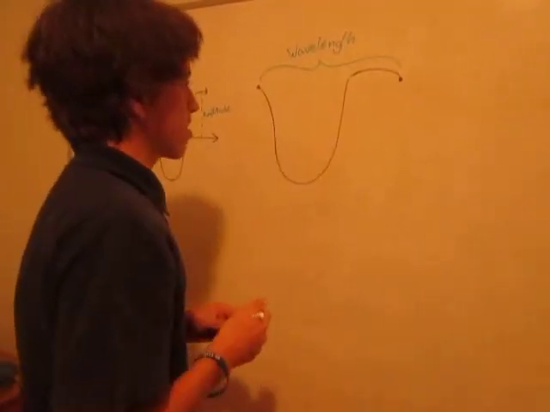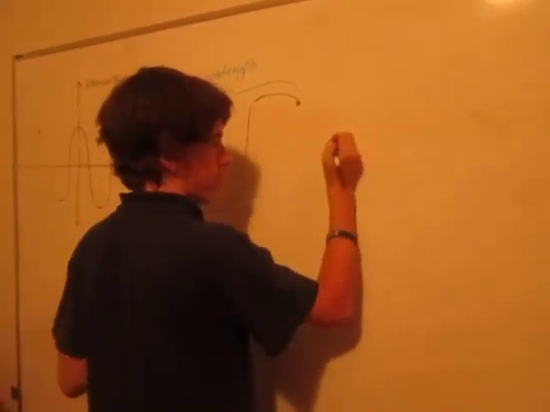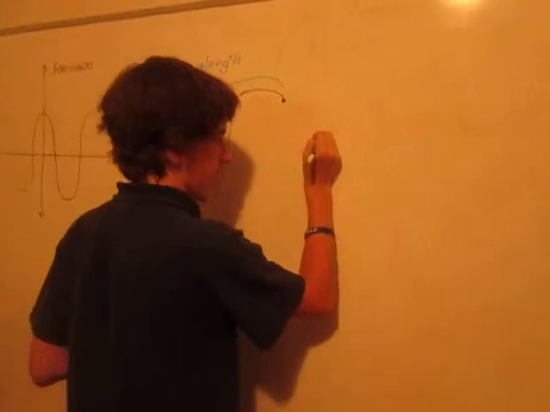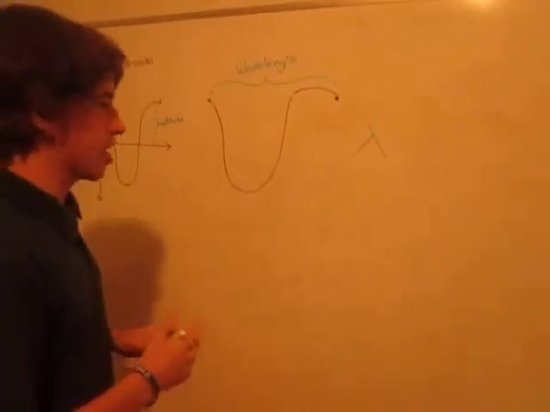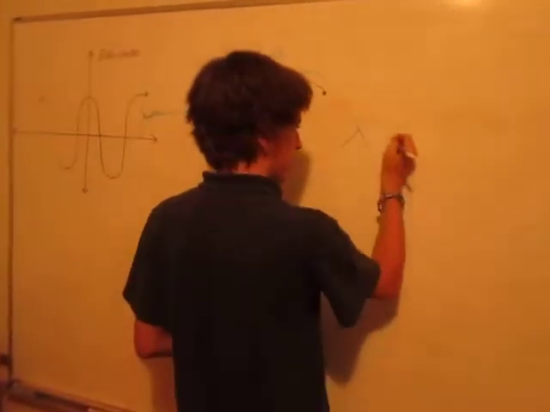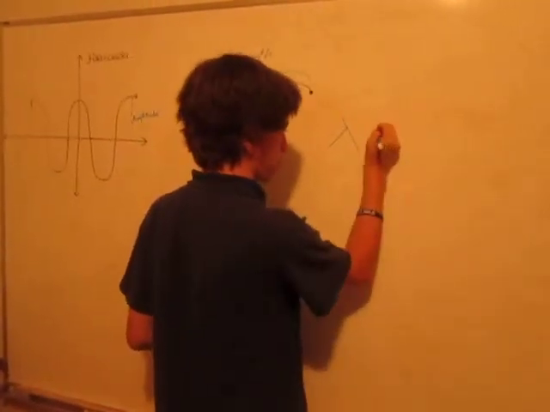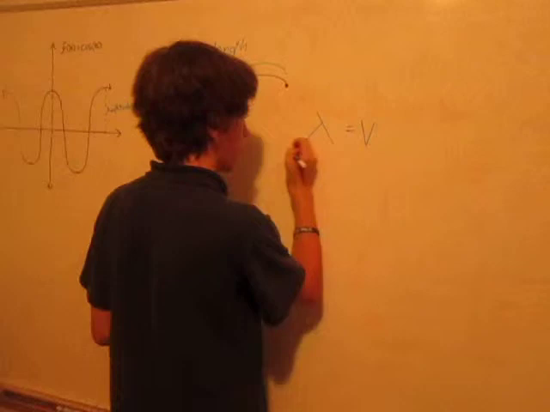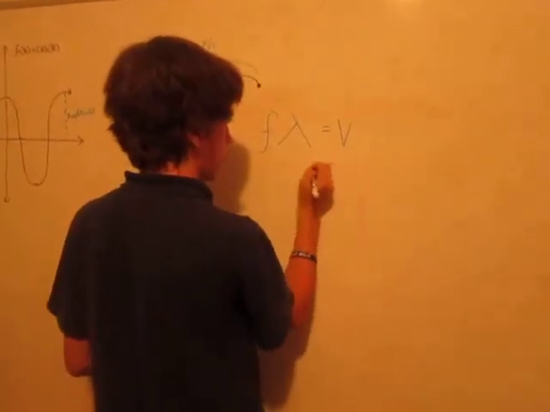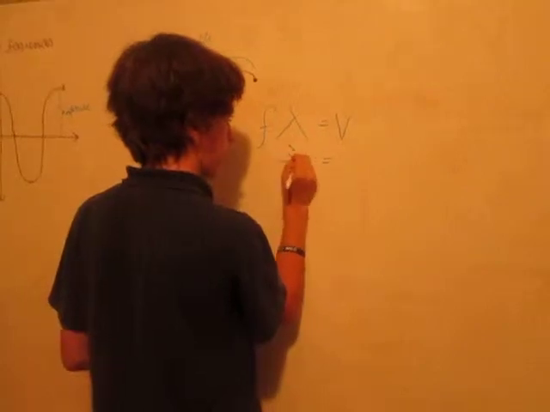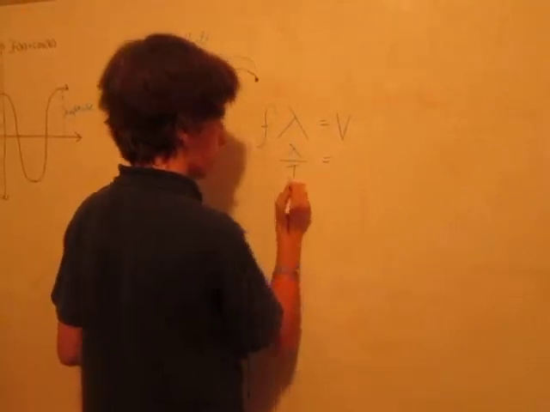The wavelength is denoted in optics as lambda, the lowercase lambda from Greek, and it is proportional to the velocity of this wave by the frequency, or basically 1 over the period of the wave.